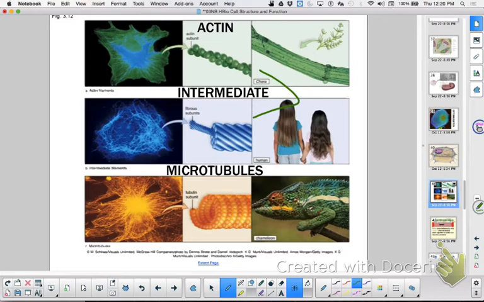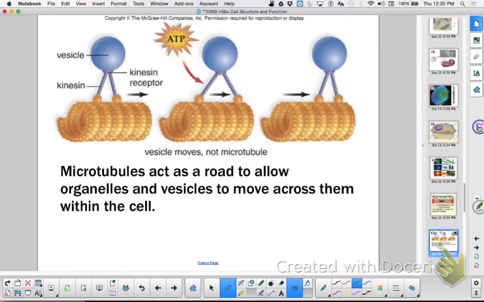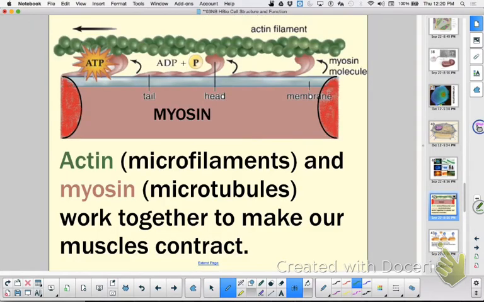And the microtubules, we talked about those being like a large cellular railway that things could be transported on. We talked about how vesicles could move along those microtubules. We also talked about the interaction between actin, a microfilament, and myosin in our muscles, called the sliding filament theory. So that has to do with structure and support and movement.